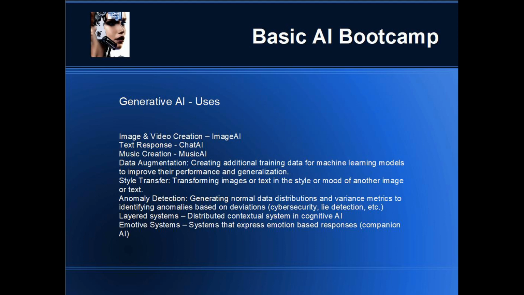Anomalous recognition, which I talked about in detail in the Artificial Superintelligence Handbook series of books, is assisted by generative AI. Layered systems, where one AI generates input to another AI in a distributed generative structure similar to how humans work, is another application.